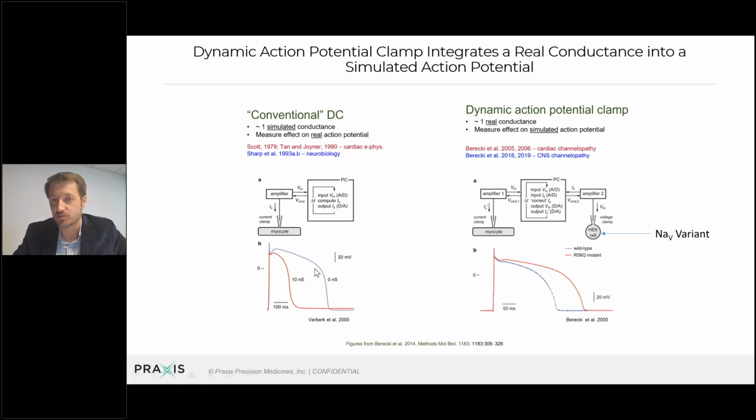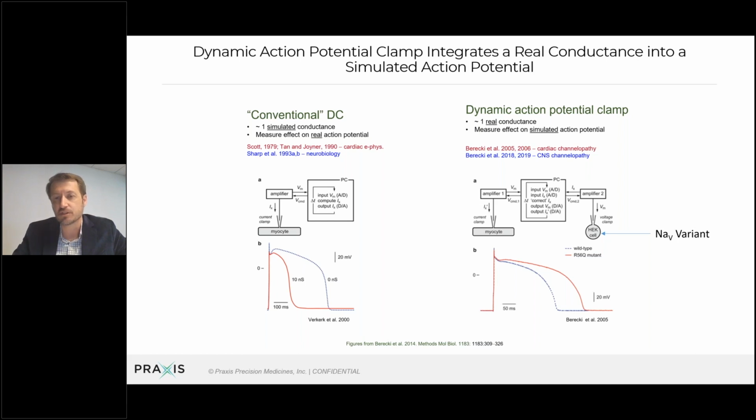This same process could be used for a neuron. What Barecki Geza did in these studies is take this approach and turn it slightly, where we're patching a NaV variant expressed in an HEK cell or a CHO cell. You're not coding it in and making predictions of what the gating constants should be. You're just letting the channel do its thing in response to voltage.